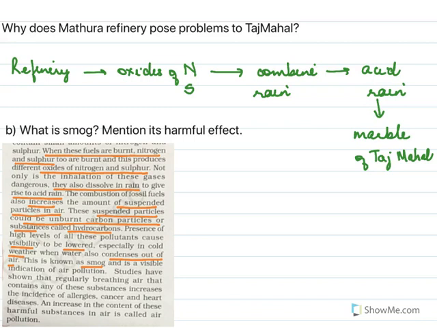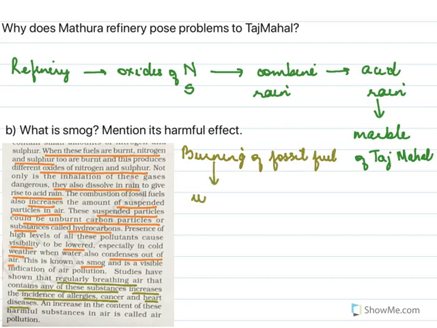Now studies have shown that regularly breathing in air that contains any of this substance increases the incidence of allergies, cancer, and heart diseases. So basically, smog is burning of fossil fuels releases unburnt carbon in the air.